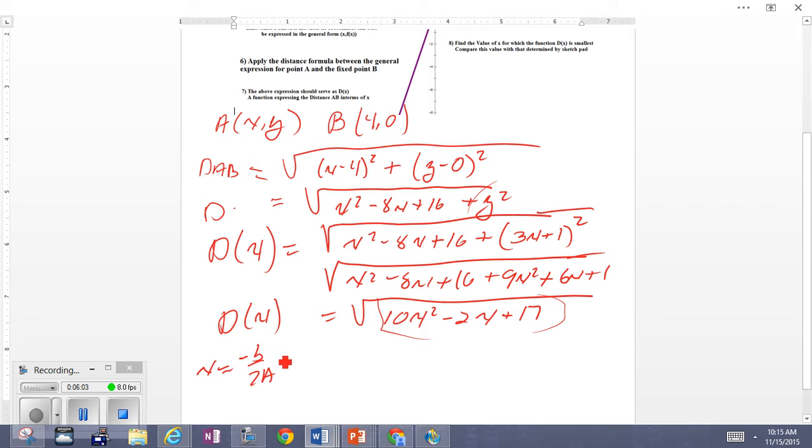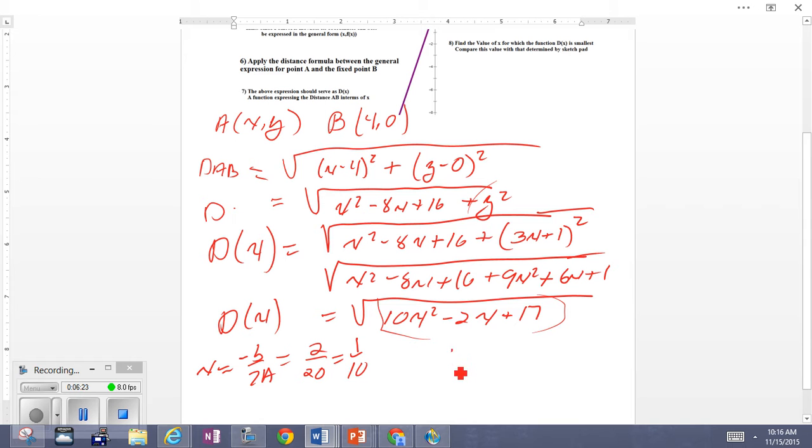That is 2 over 20, which is 1/10. So x is 1/10.